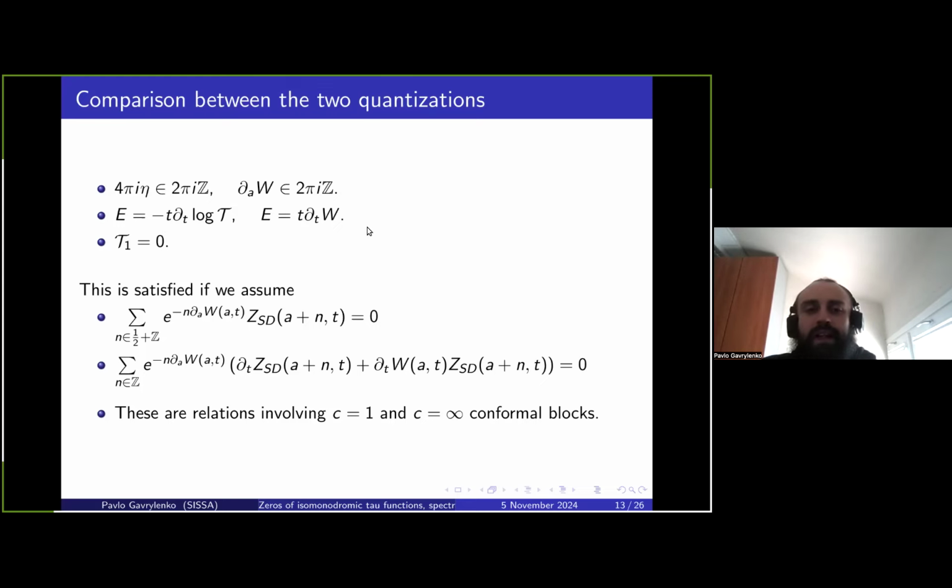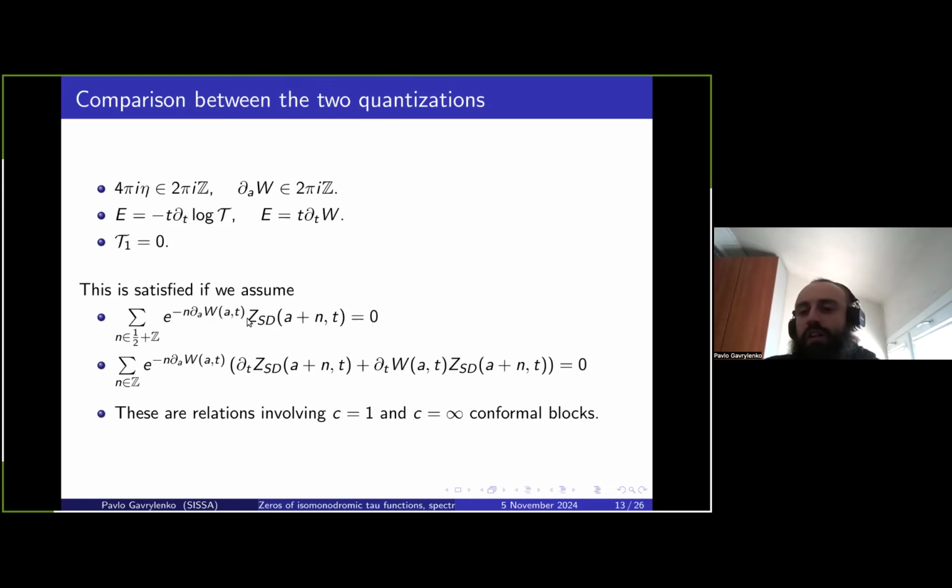So if you look at this first condition, it is kind of natural to expect that these two are the same integer number. So it means that this point tau 1 equals 0 can be described in the following way. You should substitute pi i eta equal to minus the a derivative of W, and the tau function will vanish.